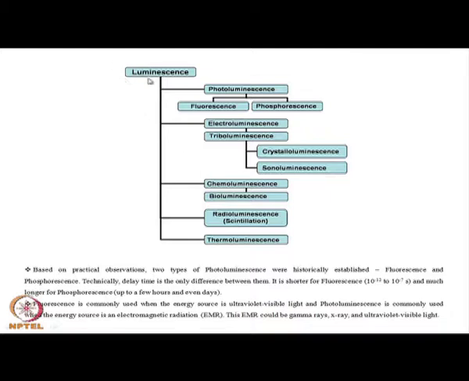Now, as this course is related to fluorescence, or in a broader sense luminescence, let us have some idea of various types of luminescence. The term luminescence includes photoluminescence, that is photon emission, which may be phosphorescence or fluorescence. What phosphorescence and fluorescence are, I have already discussed in an earlier lecture.